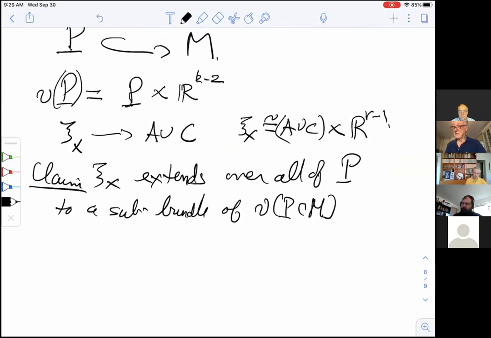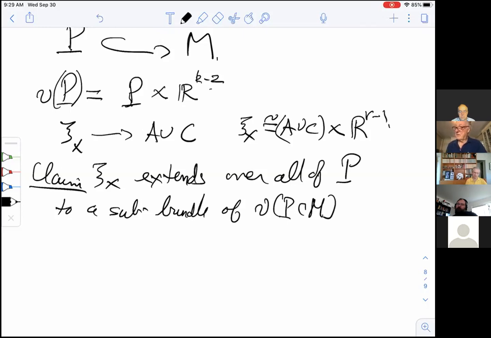I have a trivial bundle of rank K minus 2 and a trivial bundle of rank R minus 1 over a circle. The first bundle's over a disk, the second bundle's over a circle. And I want to know whether or not I can extend this bundle over the circle to a subbundle here.